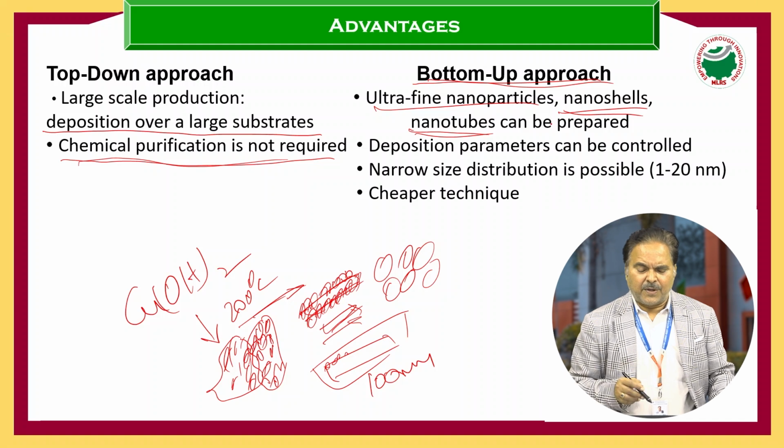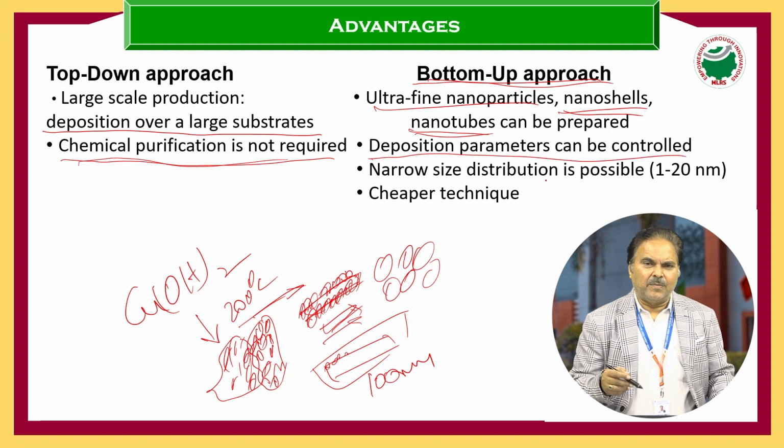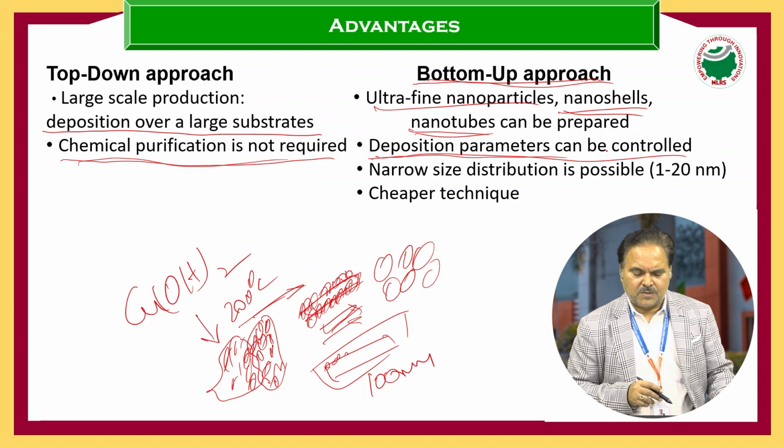These can be prepared using a bottom up approach. And if you want to make thin films, it will be controlled deposition, whereas in chemical and physical vapor deposition and sputtering, there are no parameters we can control for the deposition rates. Here in the bottom up approach we can control the parameters to deposit.